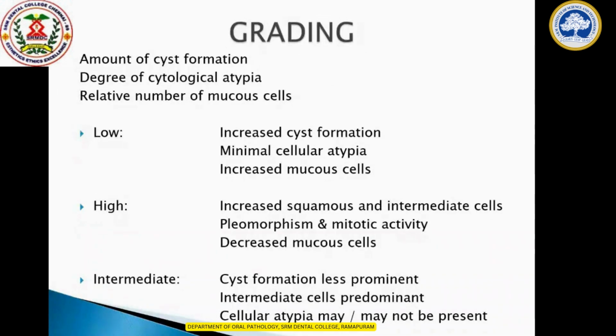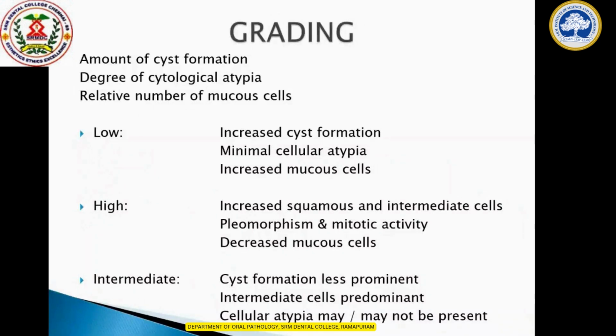And these cystic spaces will contain mucin pooling within them. So it will contain mucin pooling with large cystic spaces, which will be lined by mucus cells, cuboidal or columnar cells. The surrounding stroma will show clusters of mucus cells again, and a few intermediate and epidermoid cells can be appreciated.